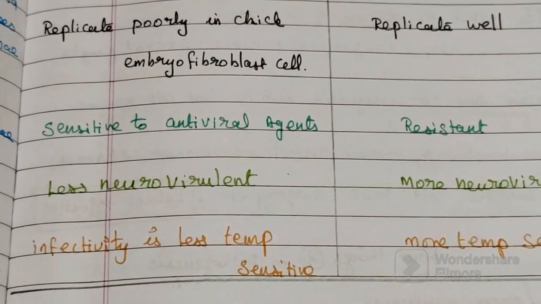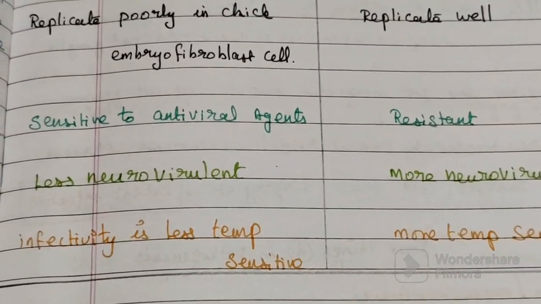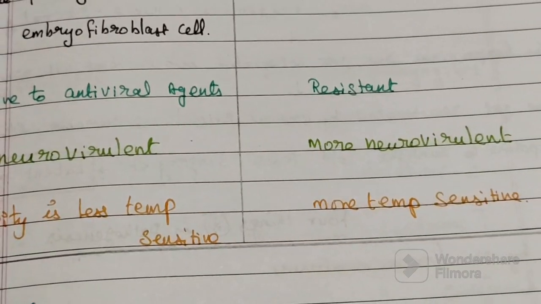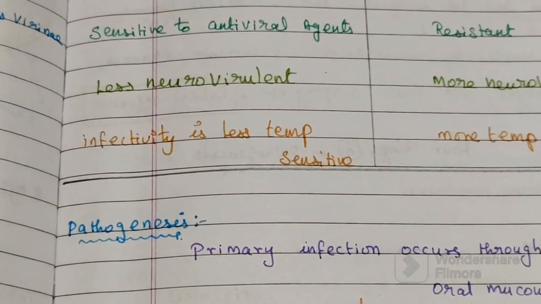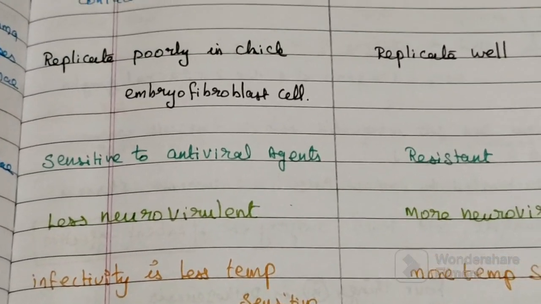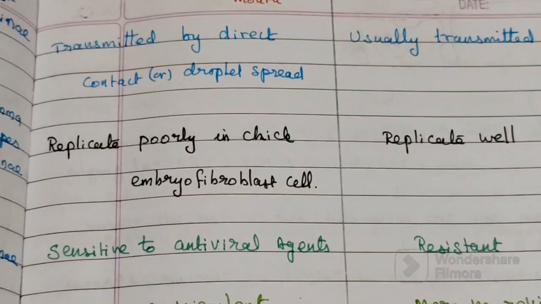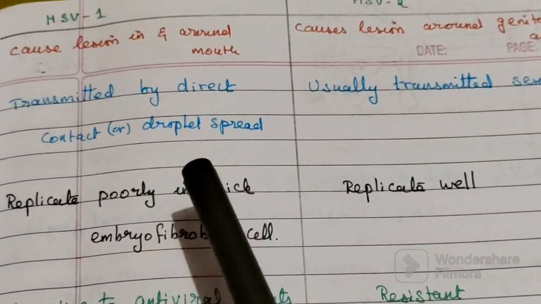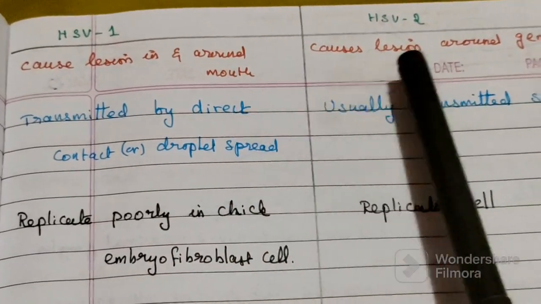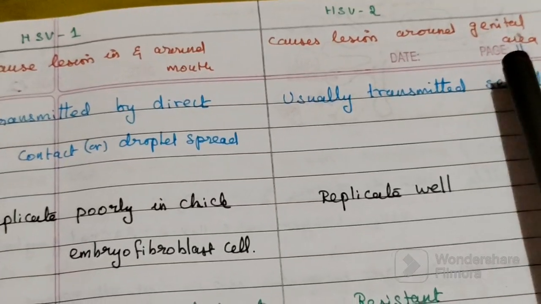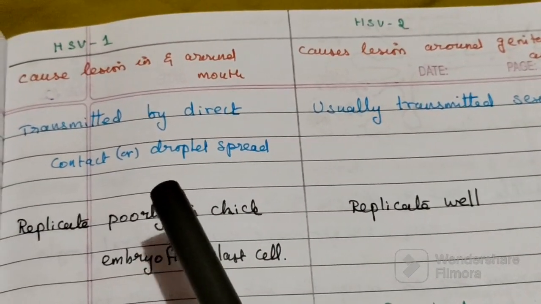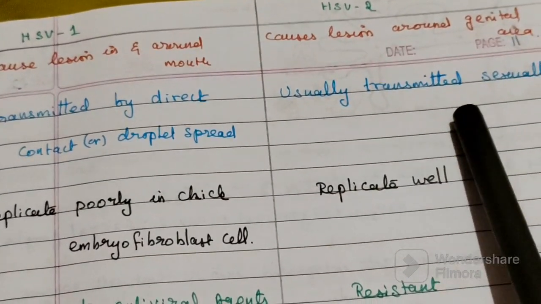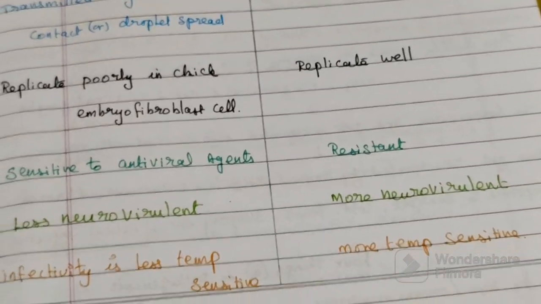HSV1 is less temperature sensitive, HSV2 more temperature sensitive. So these are the important properties. See the difference in location: here the mouth, here the genital area. The difference in transmission: here through direct contact, this one through sex. These are the properties.